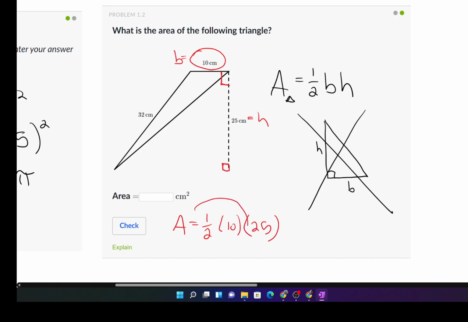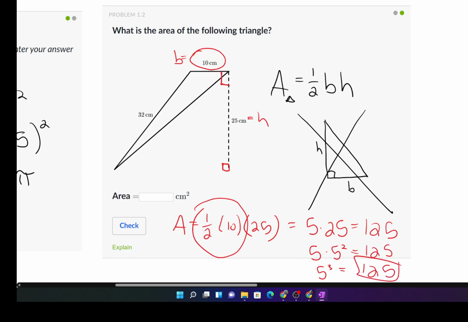And I'll just do this piece first because 1/2 of 10 is 5. And 5 times 25, oh my darlings, I hope you remember, 5 times 25 is going to be 125. It's the same thing as 5 times 5 squared, which is the same thing as 5 cubed, which you should know is 125. Okay, so I would put in 125 right there.